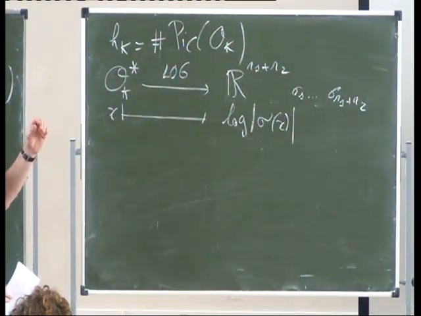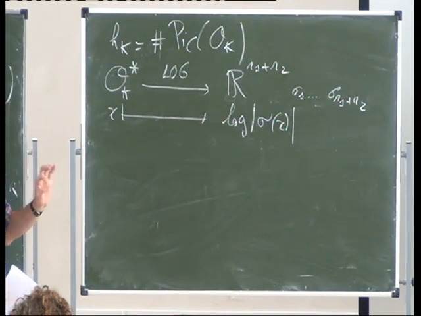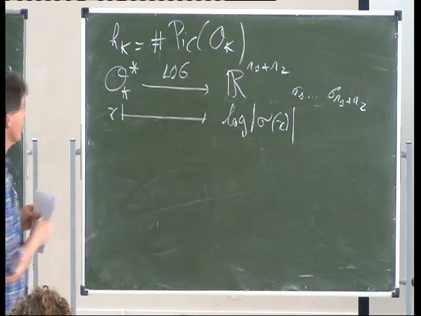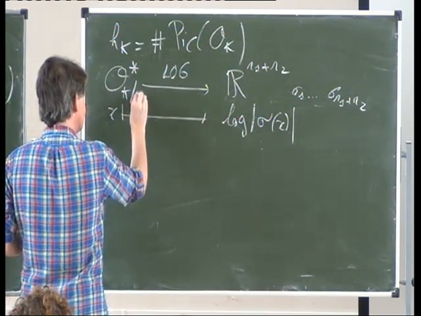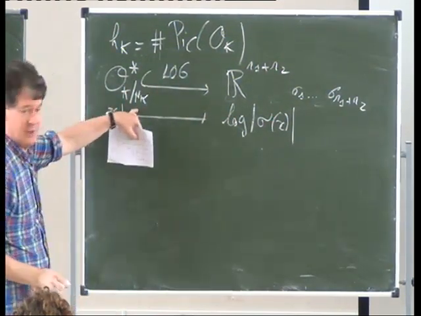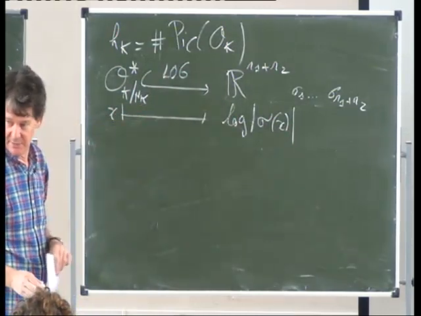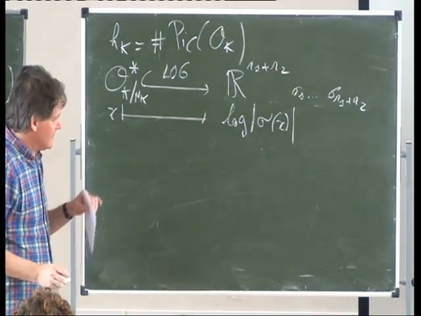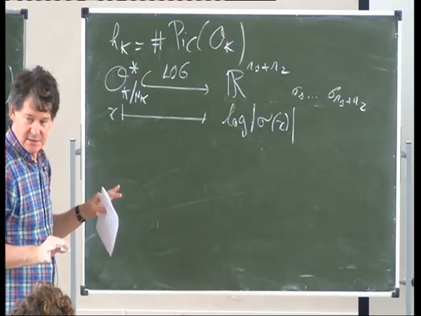Now it's easy to see that the image is discrete. The kernel is exactly the roots of unity, which I will call mu K. So in that case, if I divide by the roots of unity, I get an embedding. Now, it's not exactly a lattice in that.